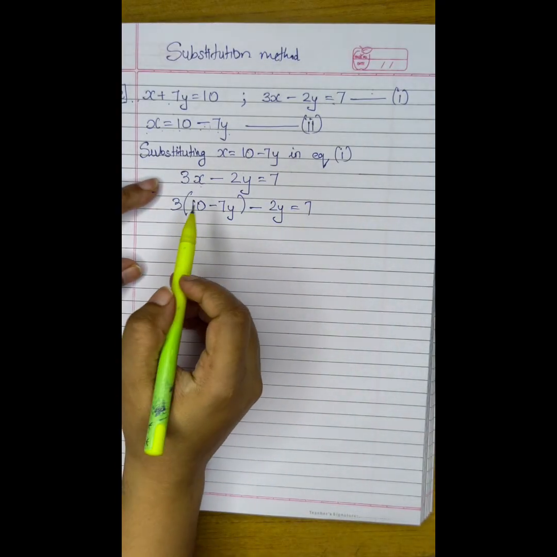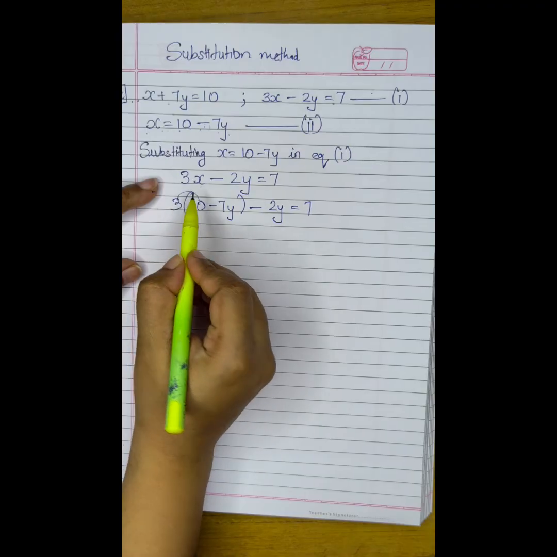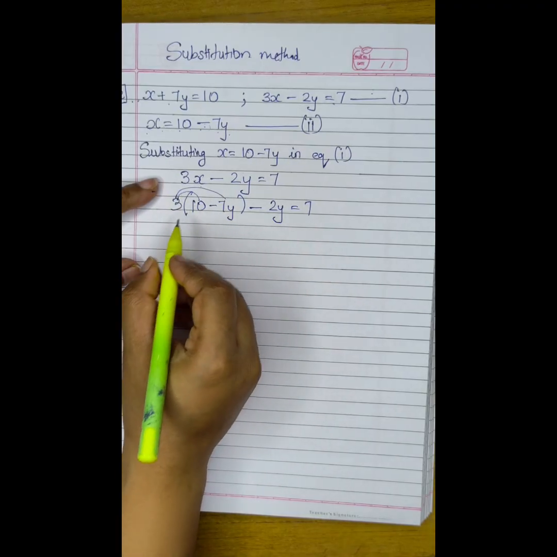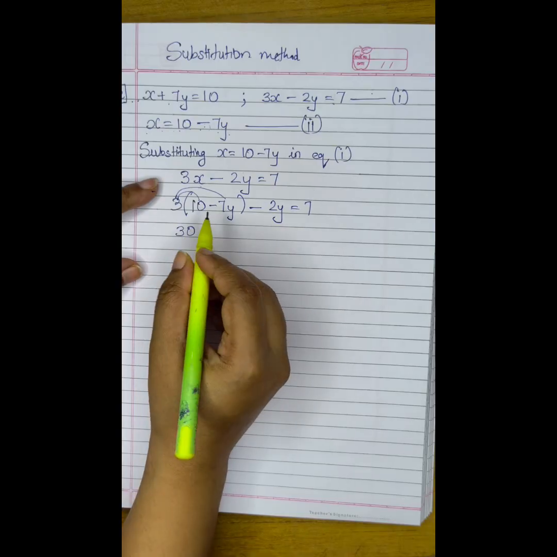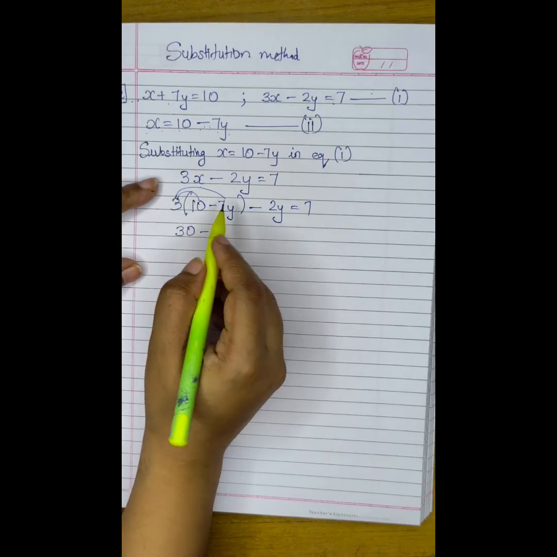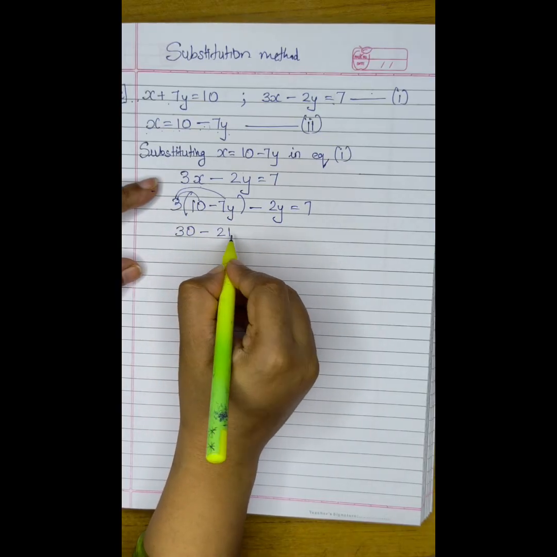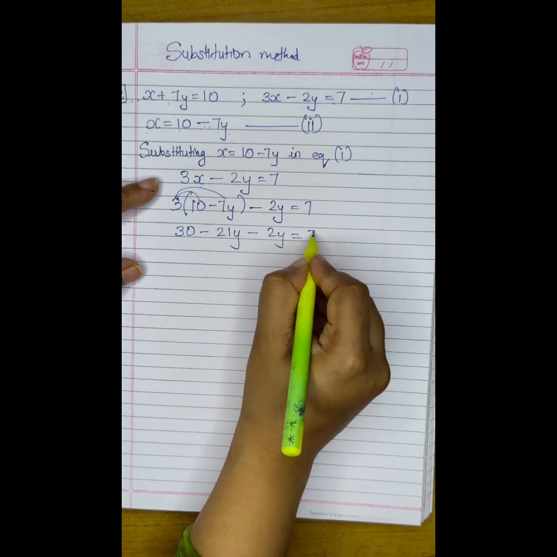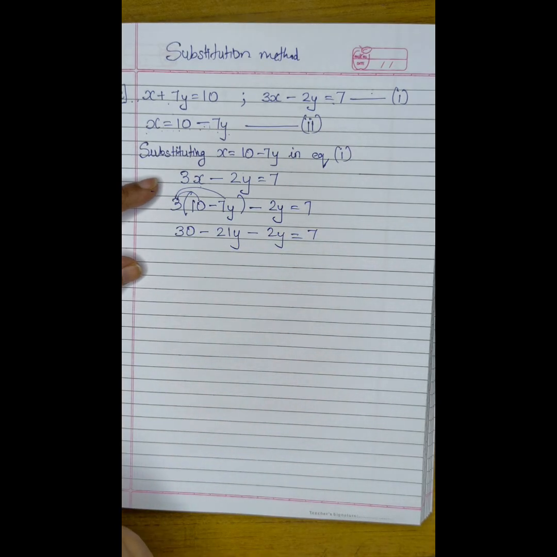Now see, multiply this: 3 multiplied by 10, minus 3 multiplied by 7y. So 3 multiplied by 10 is 30, minus 3 7s are 21y, minus 2y is equal to 7. Understood?